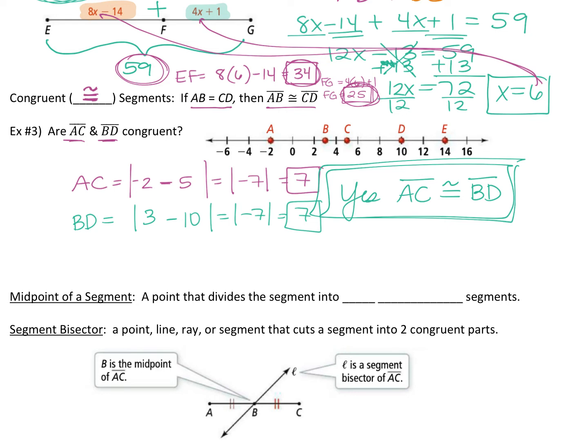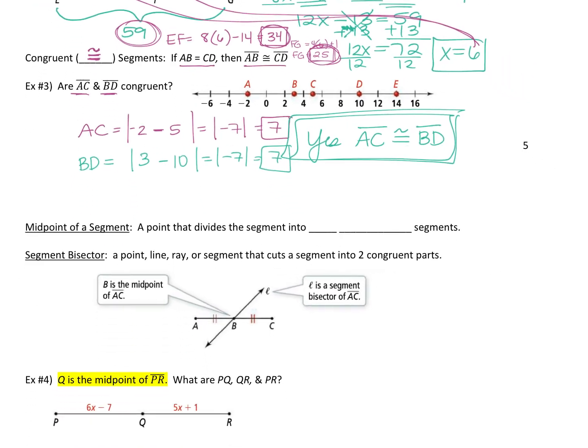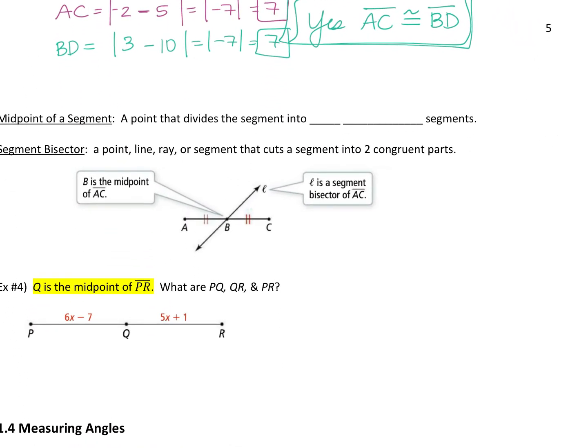Okay, here's the other thing you're going to do a lot of in this class. So we did segment addition postulate, which said the two pieces added together equal the whole thing, right? Now we're going to talk about a midpoint of a segment. Any guesses what a midpoint of a segment is? It's the middle, right? The midpoint is the middle point. Isn't that convenient?